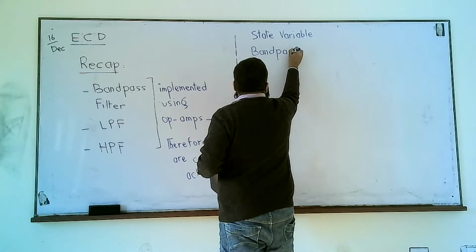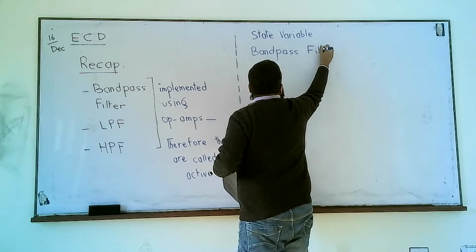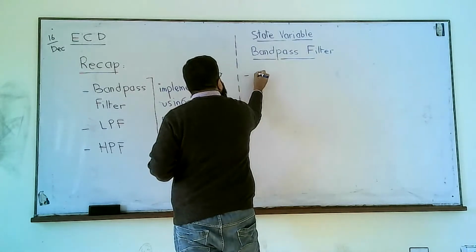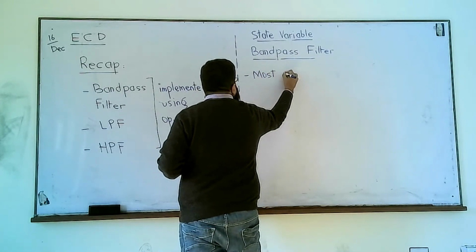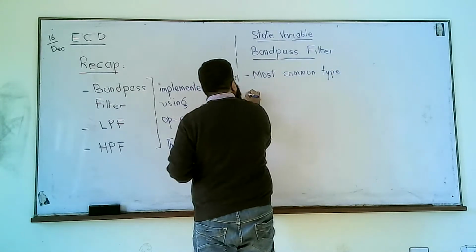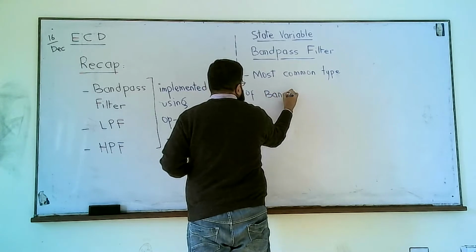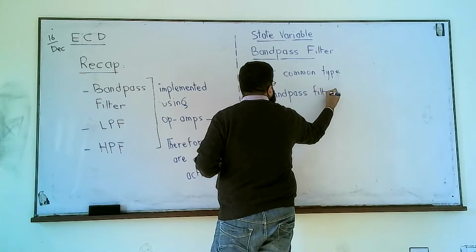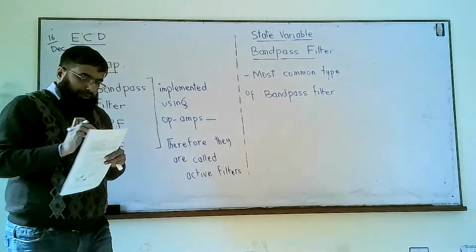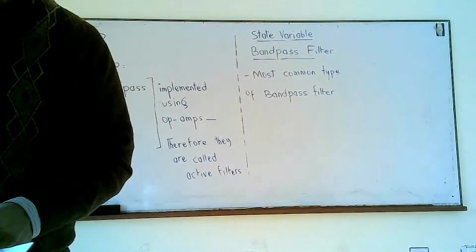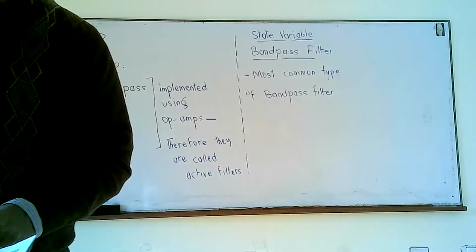It's the most common type of active filter, the most common type of band pass filter used in this community. In the community of filters, this is the most commonly used filter.